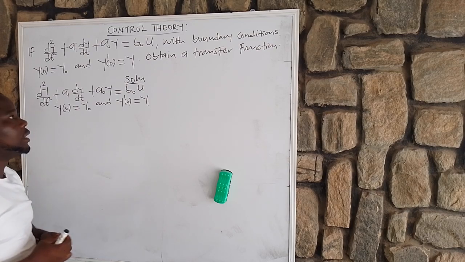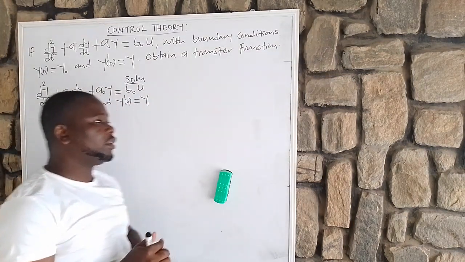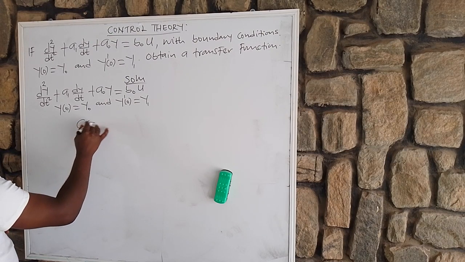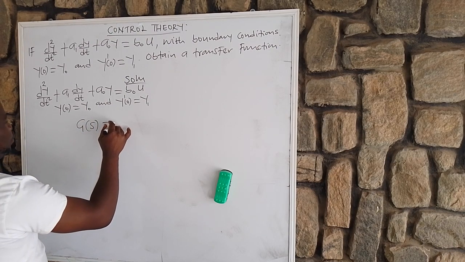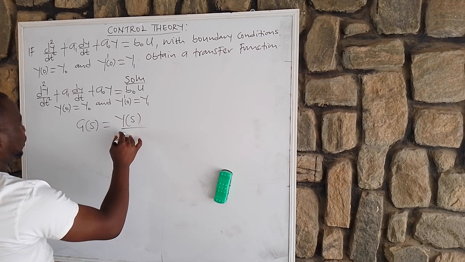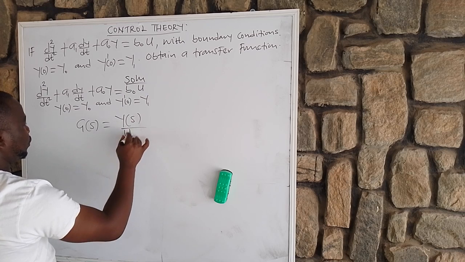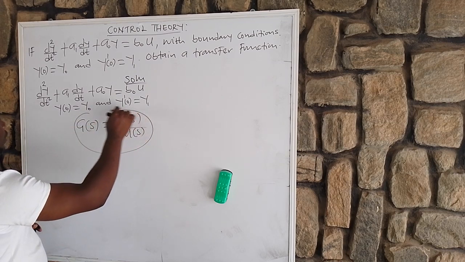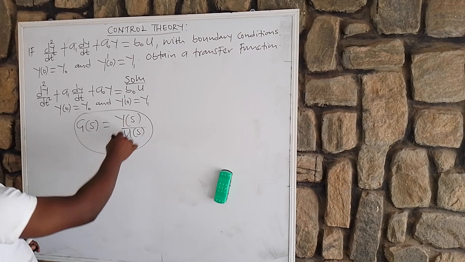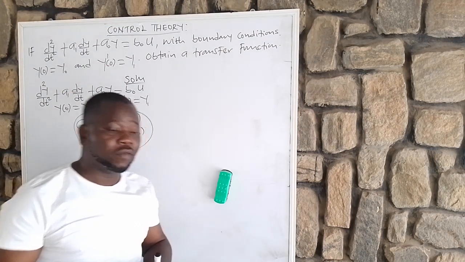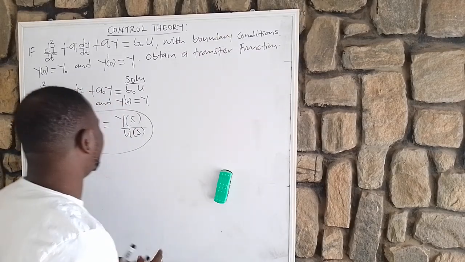To obtain our transfer function, the transfer function is given as G of s equals Y of s over U of s. Is that clear? This is a transfer function. Not necessarily must it be Y of s and U of s. You can use any variable, but make sure the variable is defined.